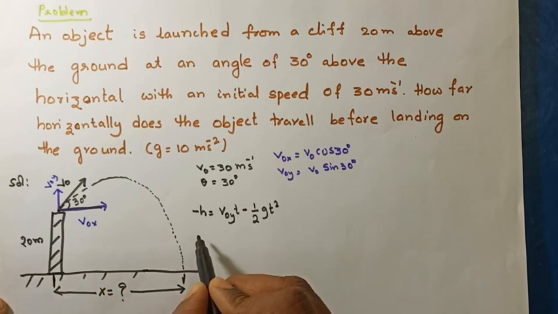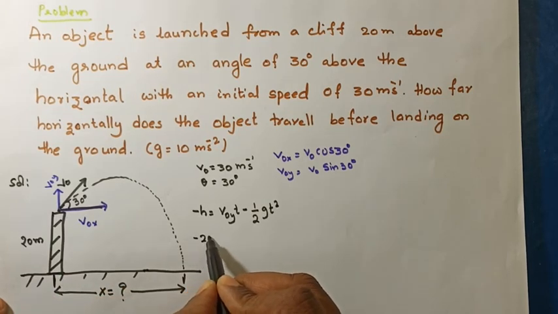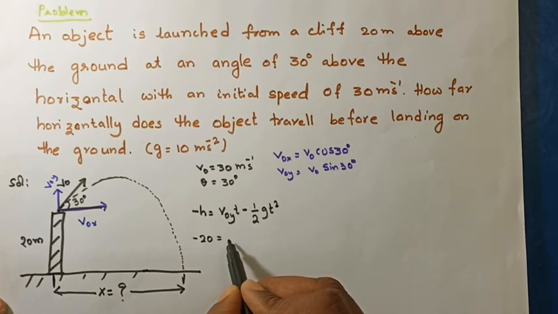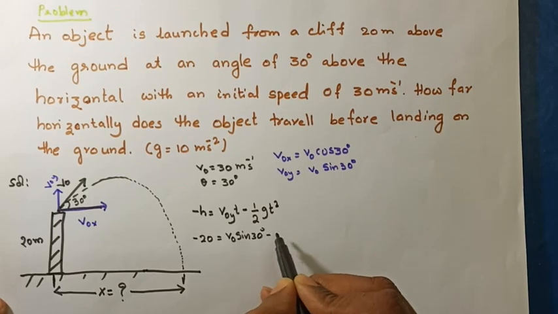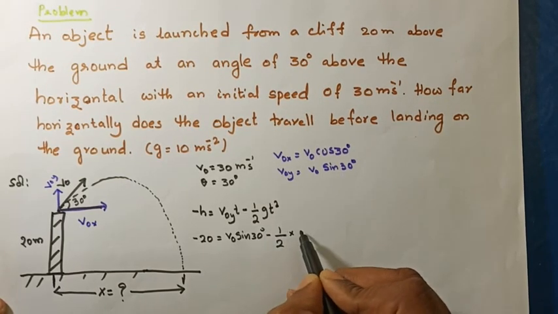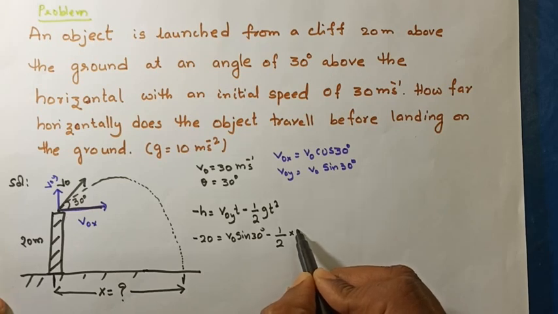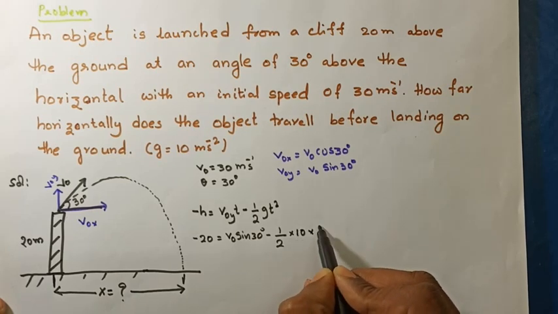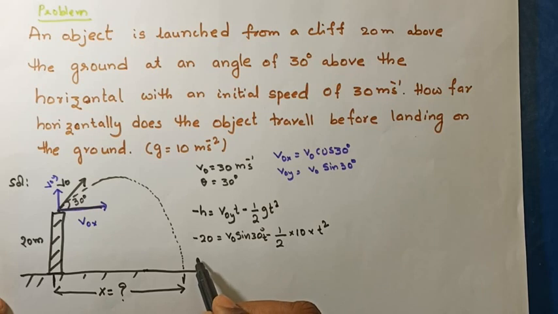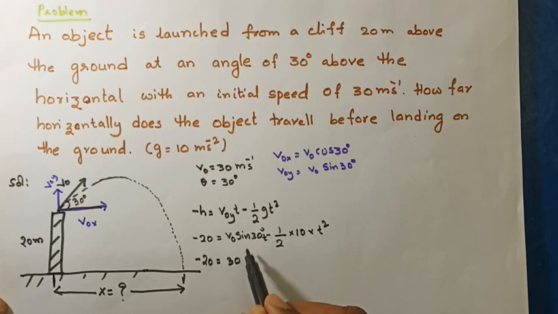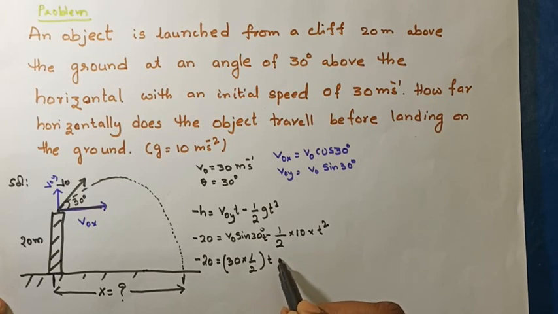So the height of the cliff is minus 20. V naught y is equal to V naught sin 30, into t, minus half into g, whose value is given in the problem, you have to take it as 10, and t square. Of course we forgot t here. So minus 20 is equal to V naught value 30 sin 30, which is 1 by 2, into t, minus 5t square.